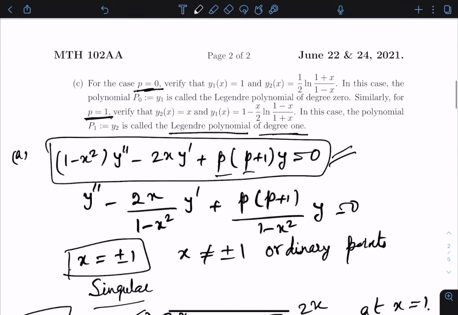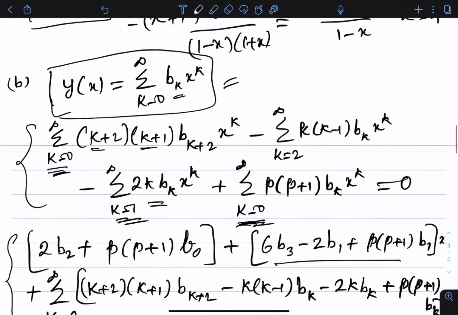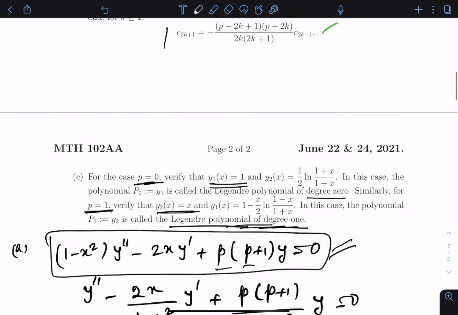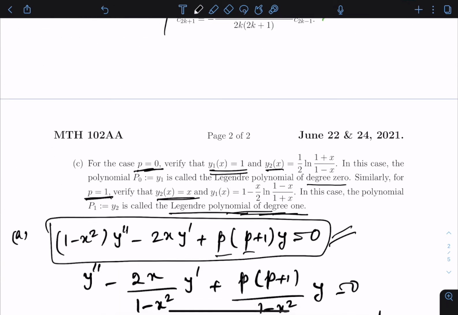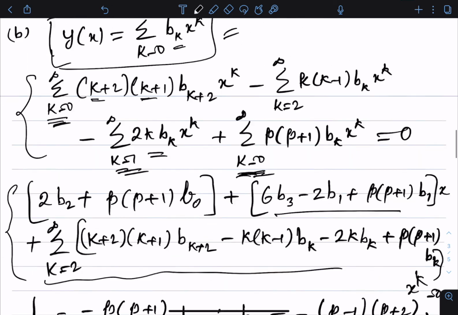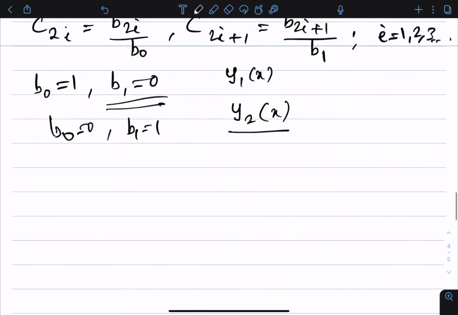So at least the problem is telling you that the Legendre polynomial of degree 0 is precisely the constant function 1, and the Legendre polynomial of degree 1 is precisely the identity function, that is the y equal to x function. And the other solution is something else. Okay, so let's do C.